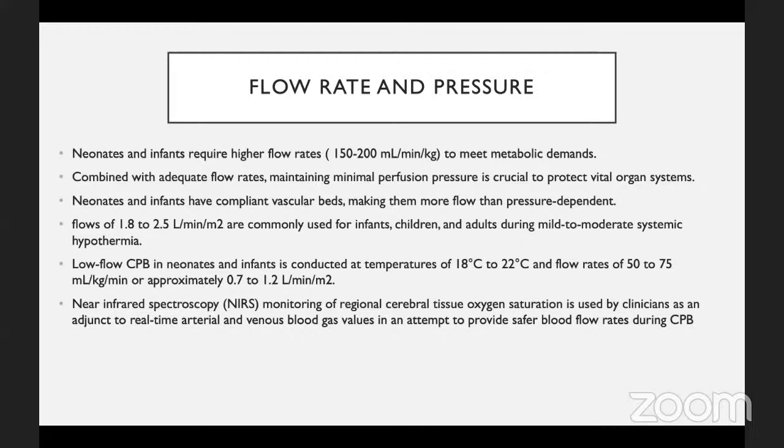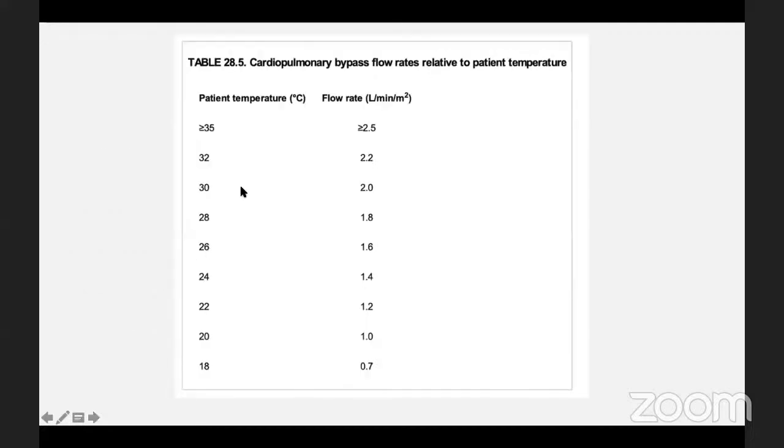Near-infrared monitoring of regional cerebral tissue oxygen saturation is used by clinicians as an adjunct to real-time arterial and venous blood gas values in an attempt to provide a safer blood flow rate during cardiopulmonary bypass. In this table, we see the cardiopulmonary bypass flow rate relative to the patient temperature. As we go down to 18, the flow rate is as low as 0.7.